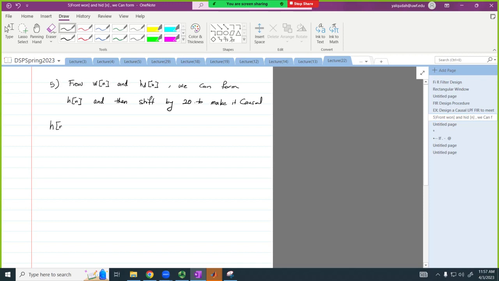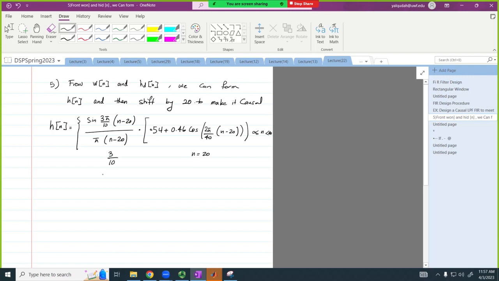So therefore, h of n is going to equal sine 3 pi over 10 multiplied by n minus 20 divided by pi multiplied by n minus 20, multiplied by the window, which is 0.54 plus 0.46 multiplied by cosine 2 pi over 40 multiplied by n minus 20. And this is when n is between 0 and 40. And when n is equal to 20, this is going to equal 3 over 10.